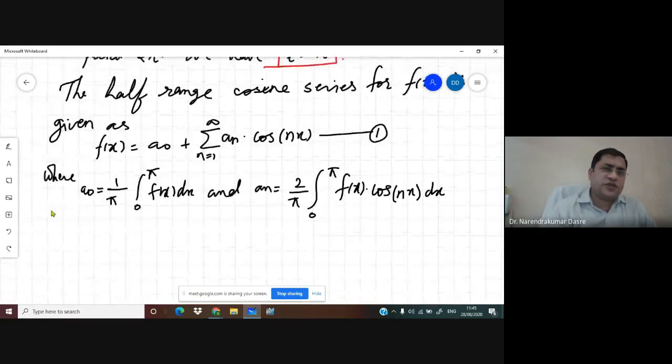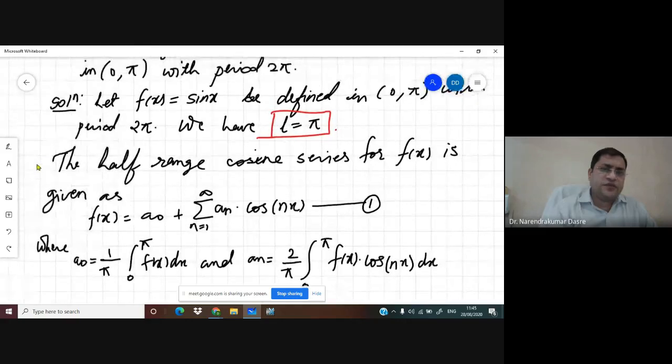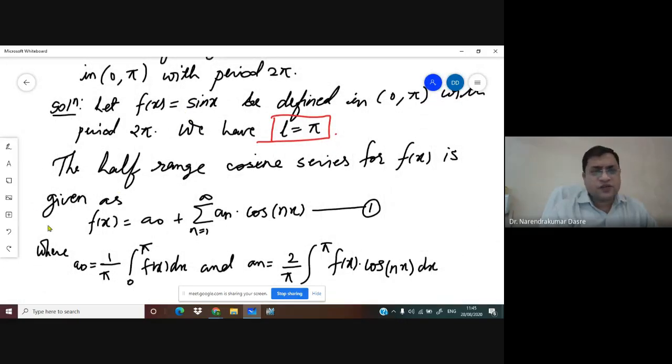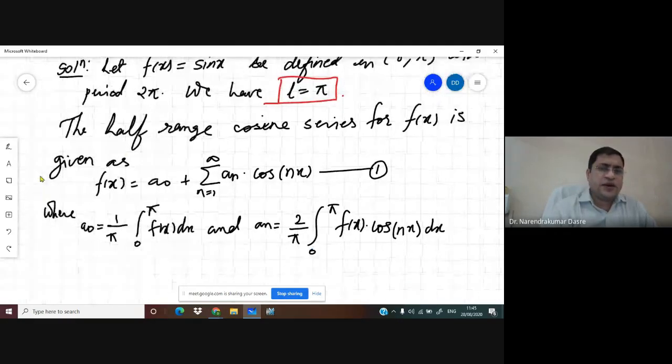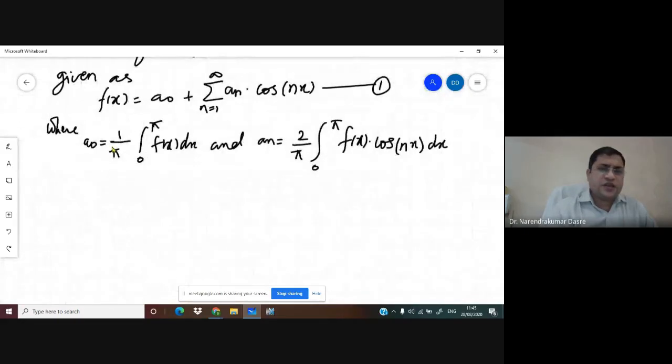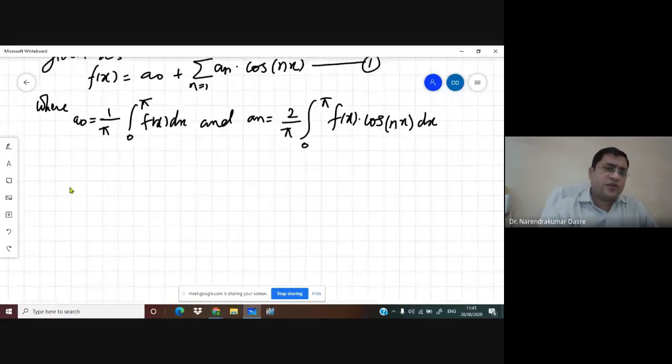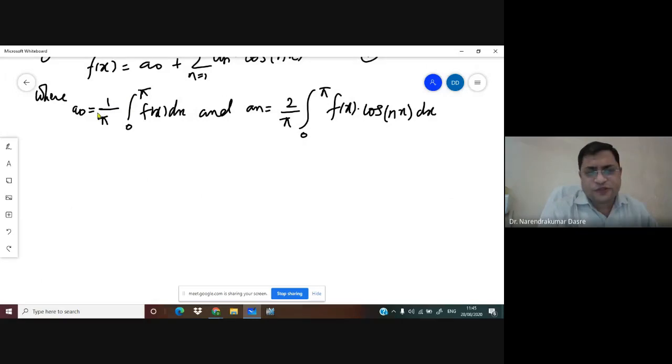So these are the formulas we have, and the function is f of x is equal to sin x. So let us evaluate these coefficients a0 and an. Please write the proper formula for a0 and an, then only your evaluation will be correct.